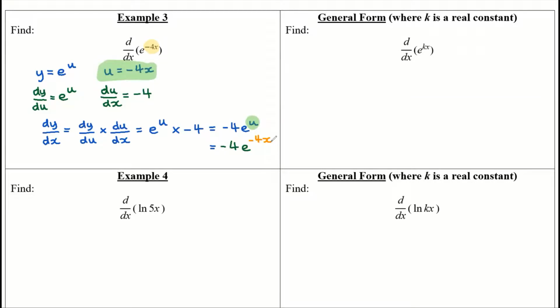Right, now let's just have a look at the general form. I'm not going to go through all the steps again because we've done this several times, but just verify that if you wanted to differentiate e to the power kx, the result is quite simply k e to the kx.